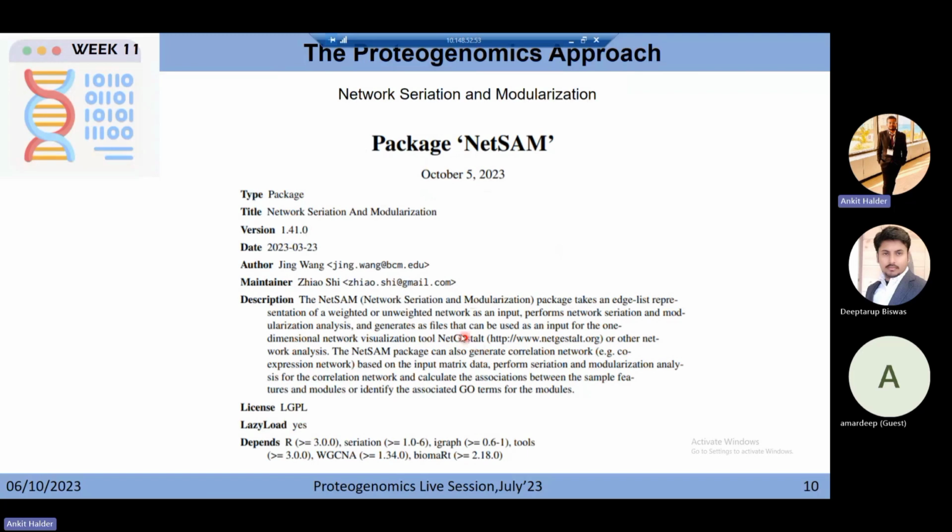Similarly, there is a tool called NetGSalt. Apart from that, there is the tool Network Analyst. These are all tools that help us in visualization of the network that has been made. We will look into why network visualization is required. You can perform the weighted and unweighted analysis and do all the mathematics and calculation on the algorithms in the background, understanding all those expression correlations, to find the disease modules and all those things.